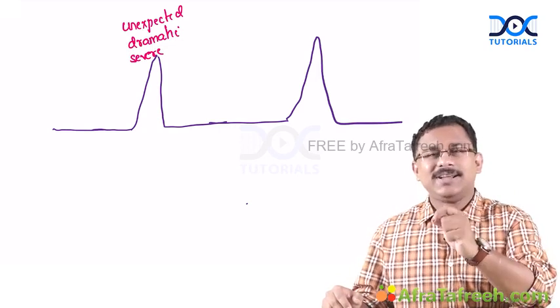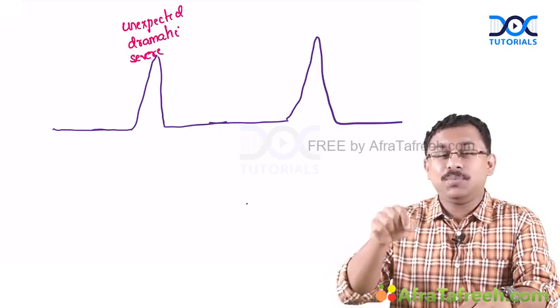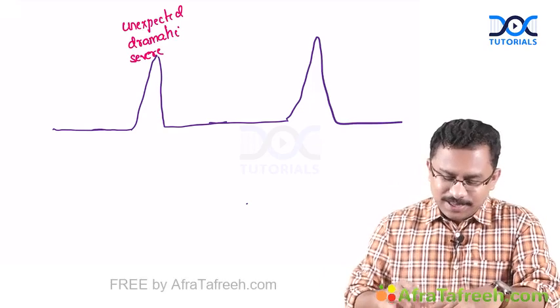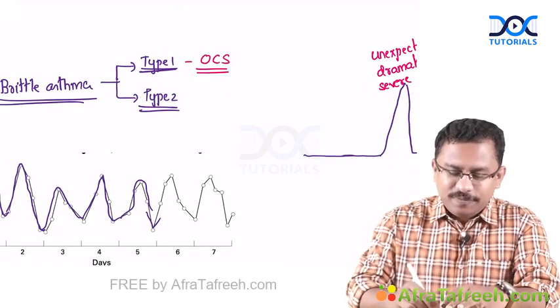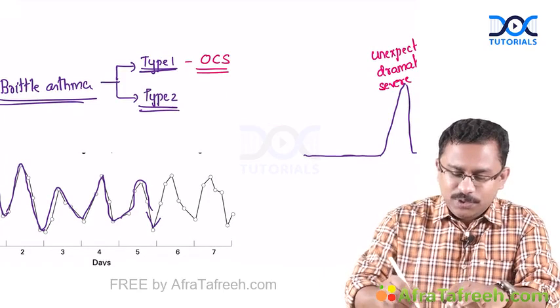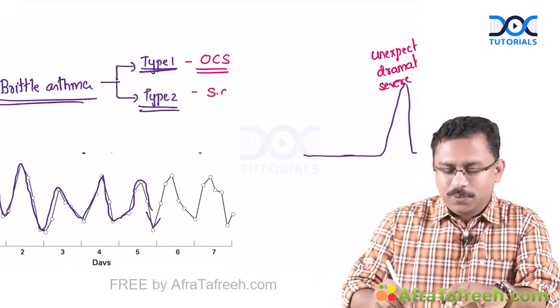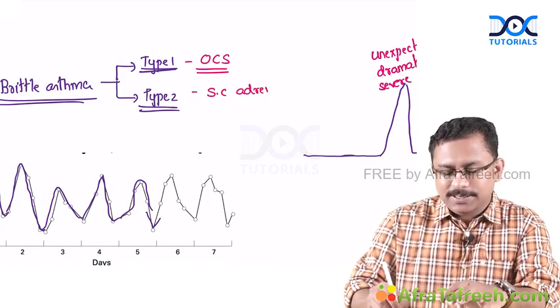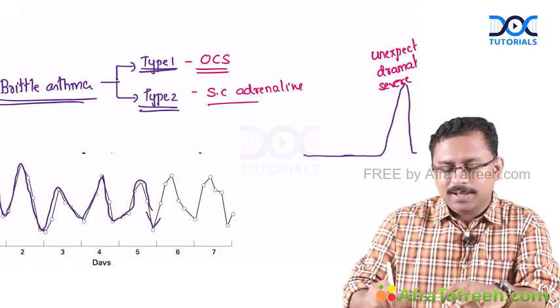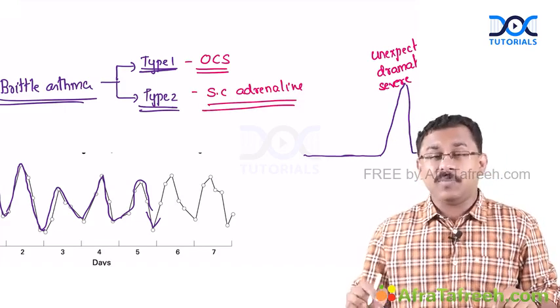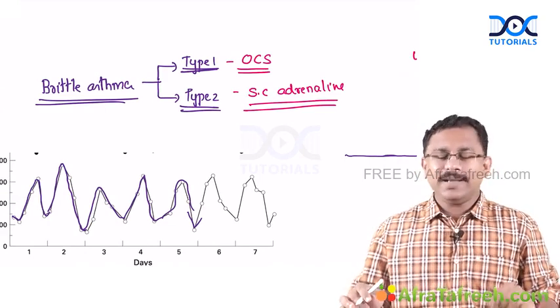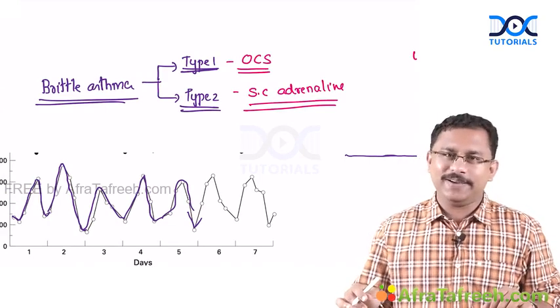So that is what is so brittle about your type 2 brittle asthma. And the management of type 2 brittle asthma is going to be subcutaneous adrenaline, because this is one condition that carries with it an increased risk of mortality as well.